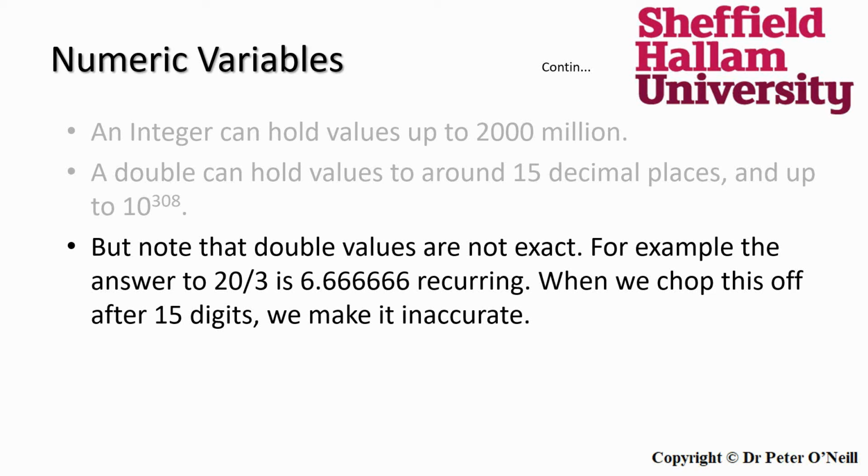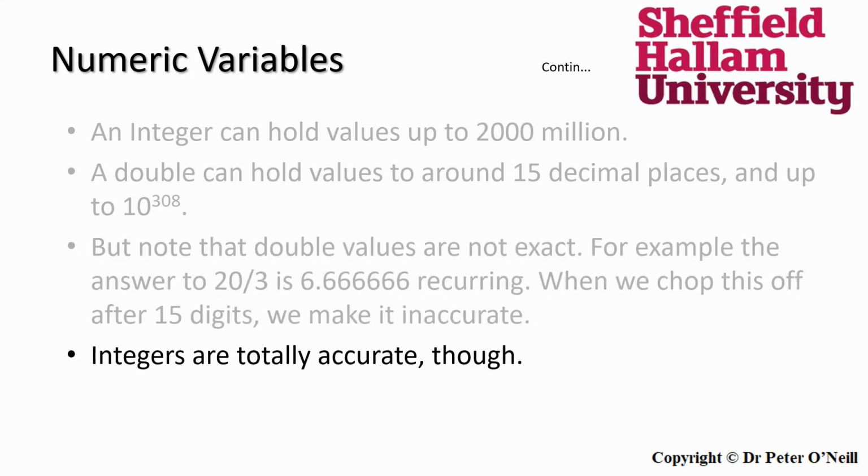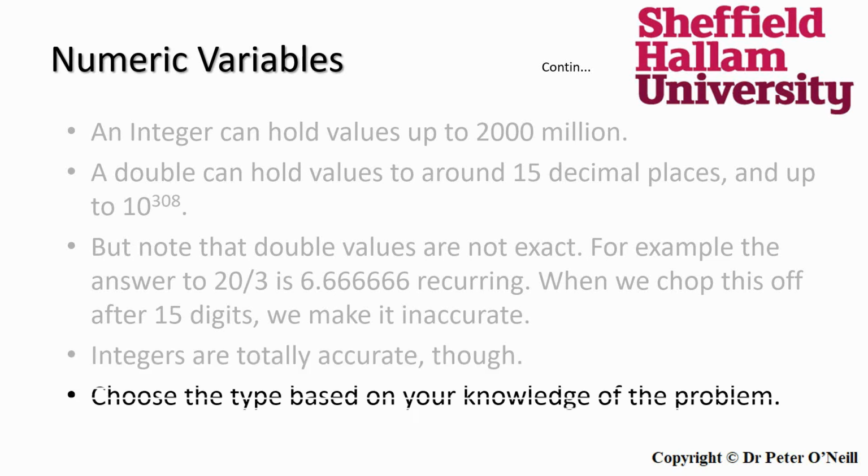Remember, we chopped this off after the 15th digit, and therefore we automatically create an inaccuracy in that value. Integers are totally accurate though. Choose the type based on your knowledge of that problem.